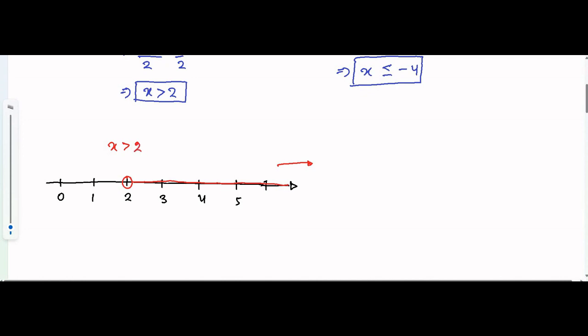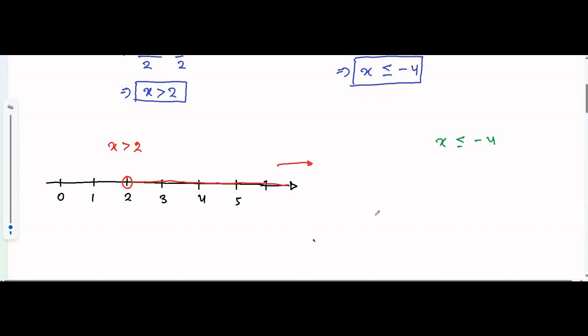Then we have x less than or equal to minus 4. Here again we will draw a real number line. Let us draw it here.